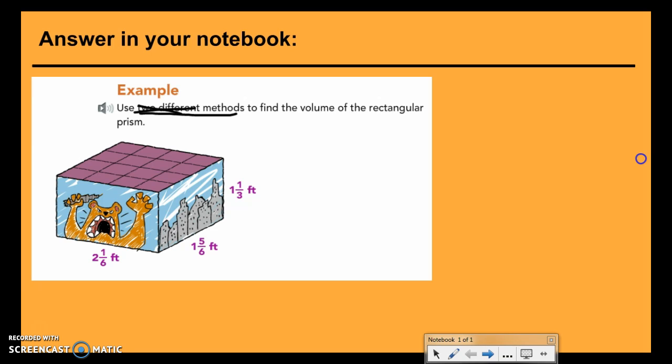So you can use volume equals length times width times height, or volume equals area of the base times your height. Alright? But make sure whichever one you choose to do is one that you're going to stick with and one that you're going to remember. If you choose to do area of the base and the height, and you can't remember how to find the area of the base, then you need to do the different one. Alright, pause the video, see if you can figure it out.